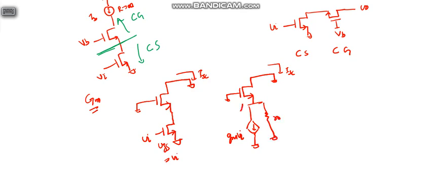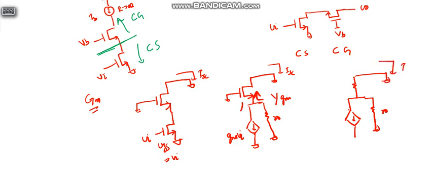Now if we look into the source, the resistance is 1 by Gm. So we will make it like this. This is R, this is Isc, this is 1 by Gm.